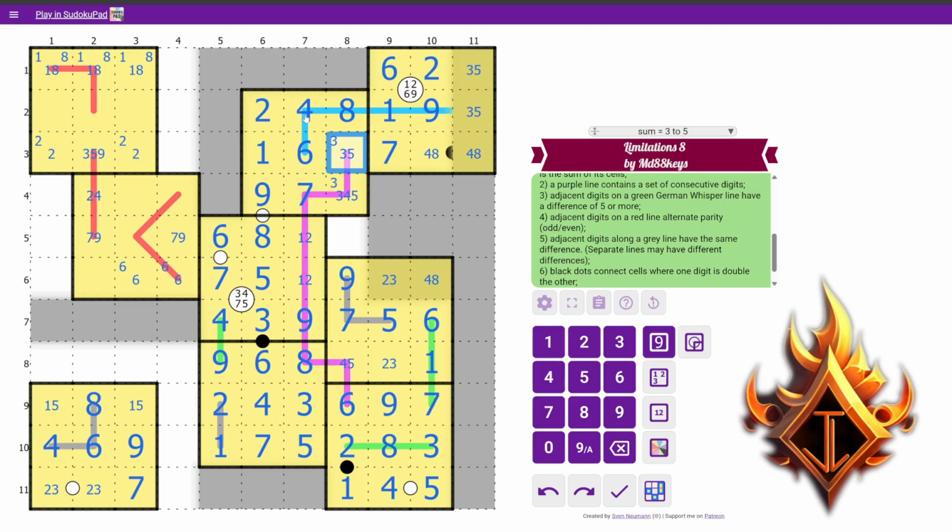So, we have a 3, 5. What? And now this must be a 4. This must be an 8. So this must be a 4, not an 8.